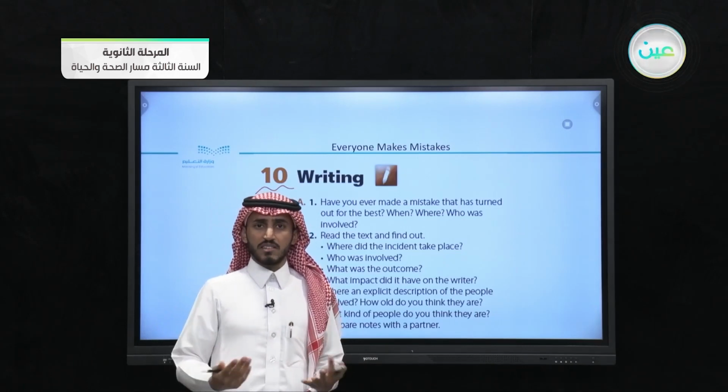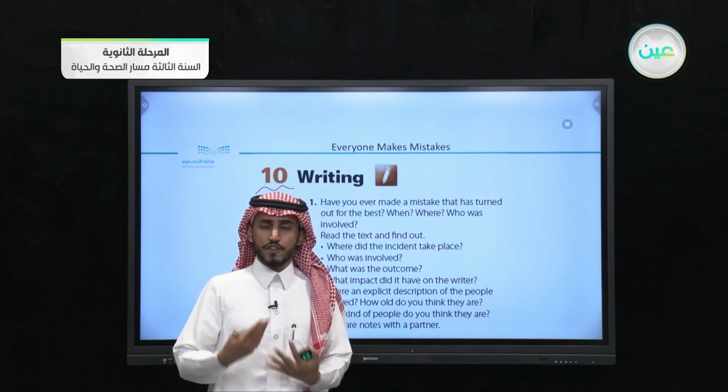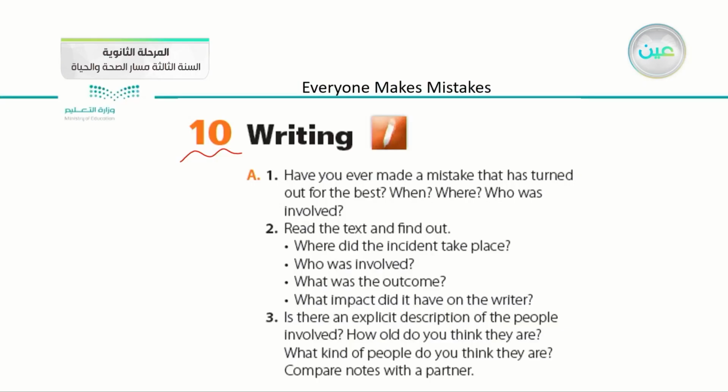But before we start, let's have some refreshing questions that could help us write our own essays. We have here, in exercise A, 3 parts. The first part: have you ever made a mistake that has turned out for the best? When, where, who was involved?